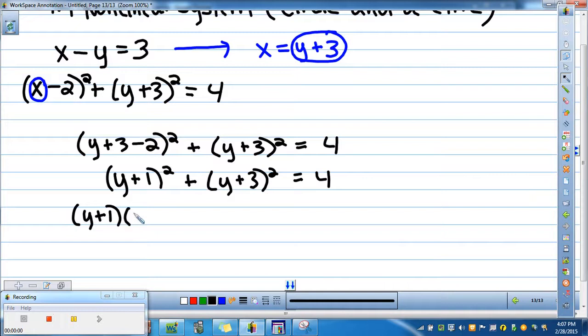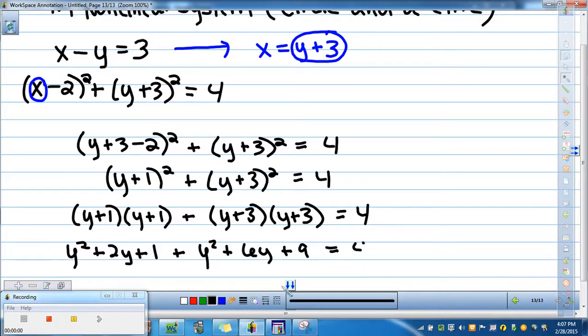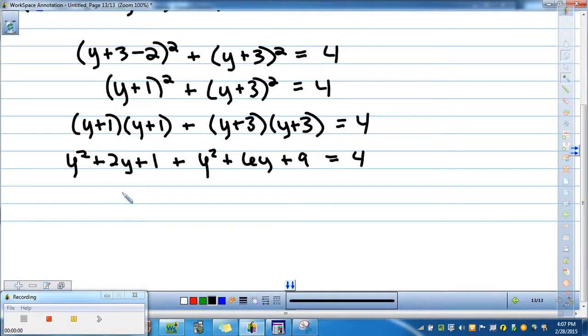We must FOIL. The first FOIL gives us y squared plus 2y plus 1. Over here we get y squared plus 6y plus 9. Putting like terms together, we get 2y squared plus 8y plus 10.